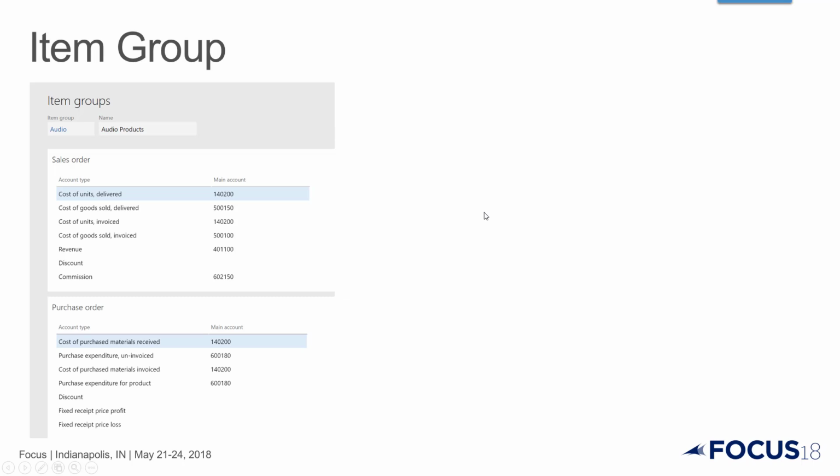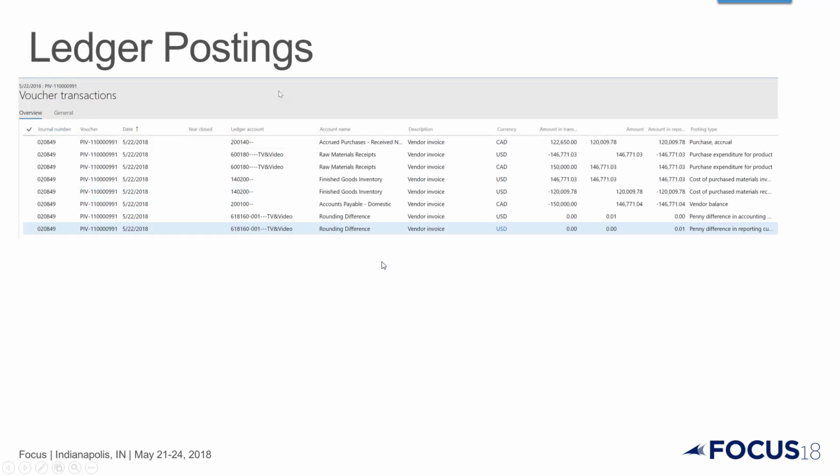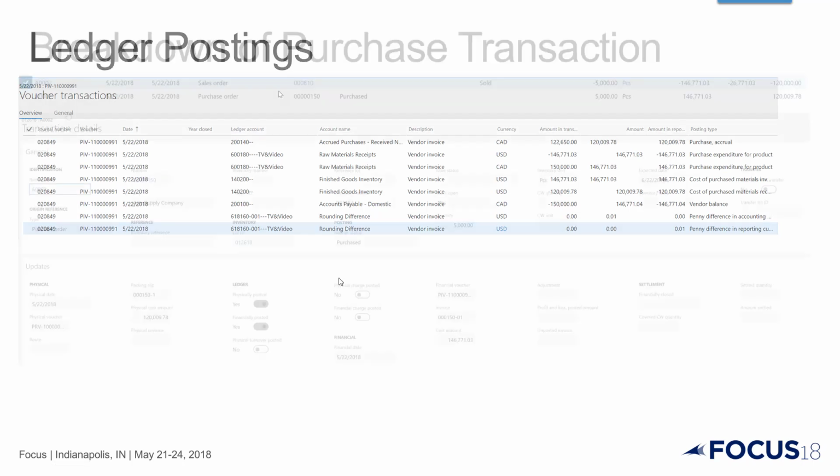And then really what I want to cover with you is, where do these ledger accounts come from? And I'm going to tell you generally, item group is the main thing they come from. So if you look at cost of goods sold, that's your 500150 account.